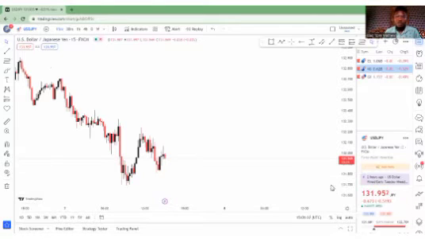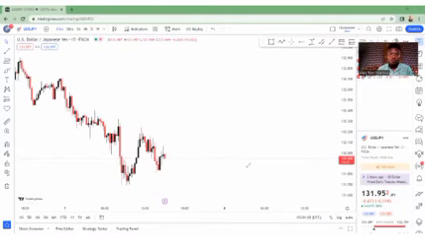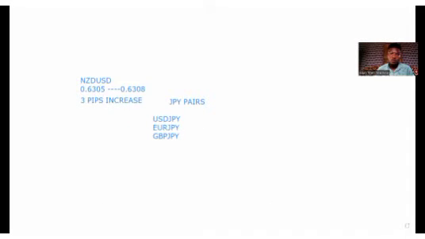131.956. So now this is the current price of USD JPY. So now what you are going to consider as the pip here is the second number after the decimal point.